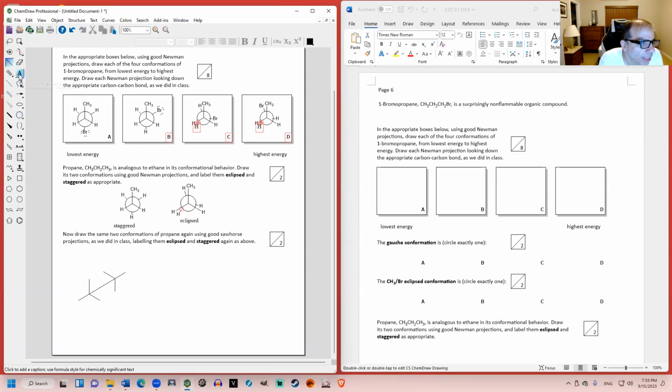That's going to have the bonds like this. That's staggered.